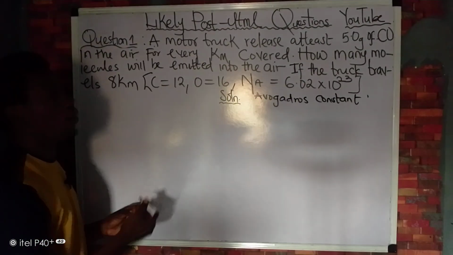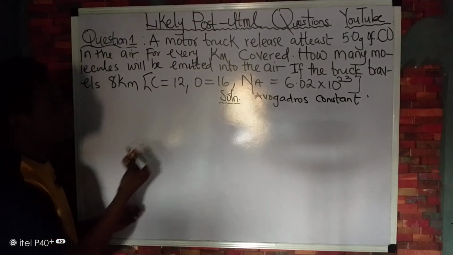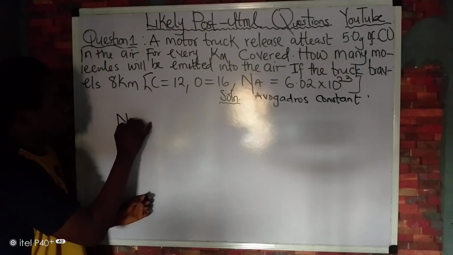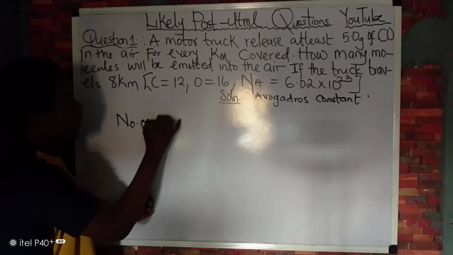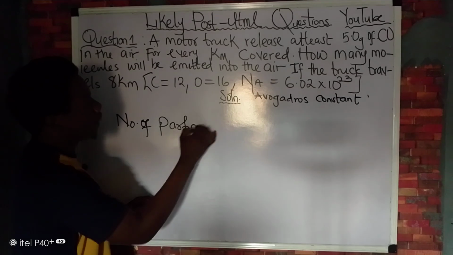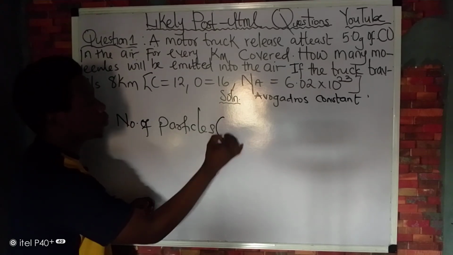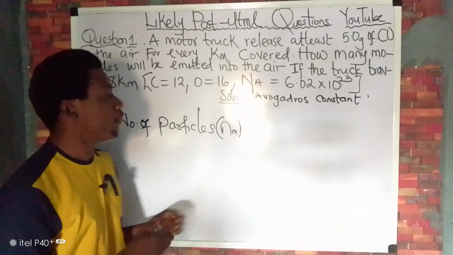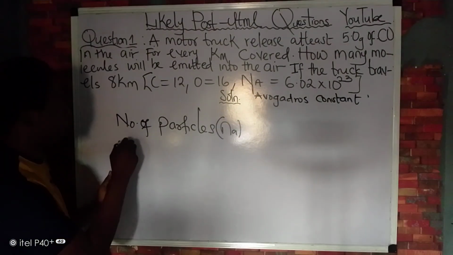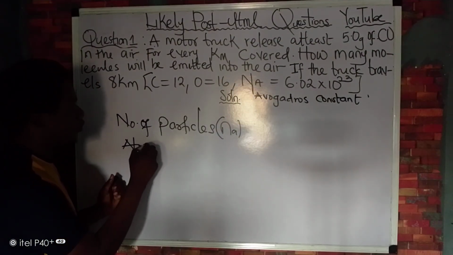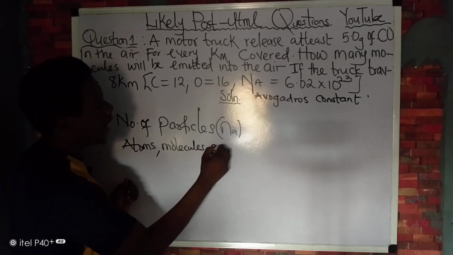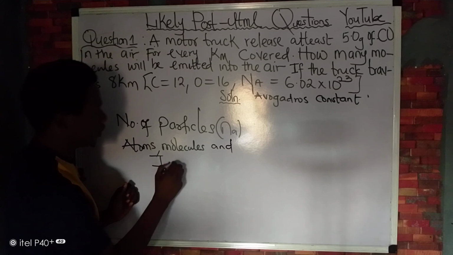Remember, I made a video on mole concept, and I told you that if you are to calculate for number of particles, how will you calculate it? For number of particles, called Na, particles are referred to as atoms, molecules, and ions. Take note of that.